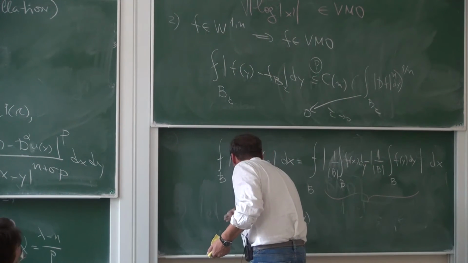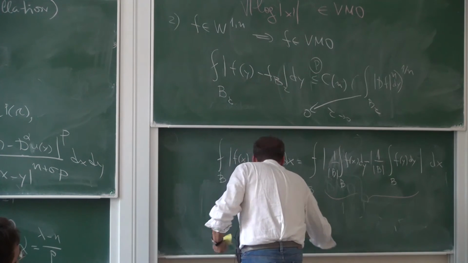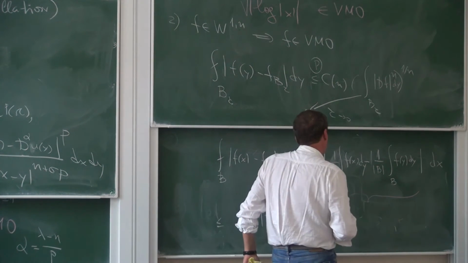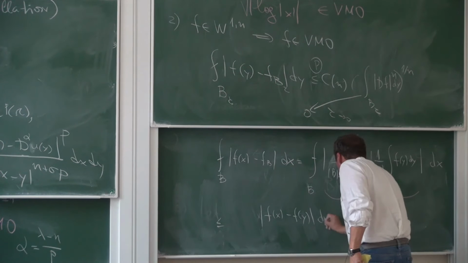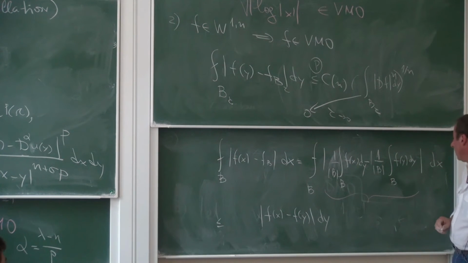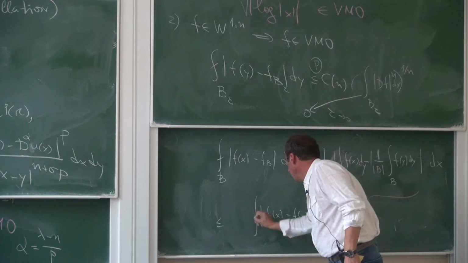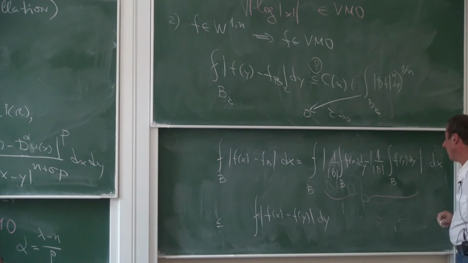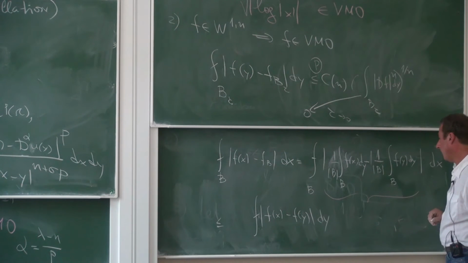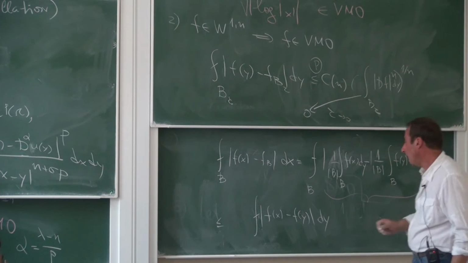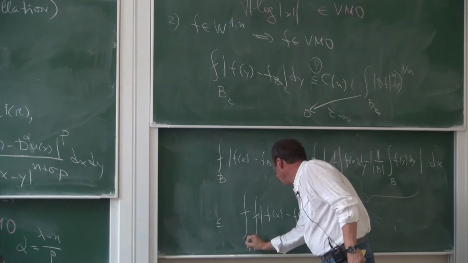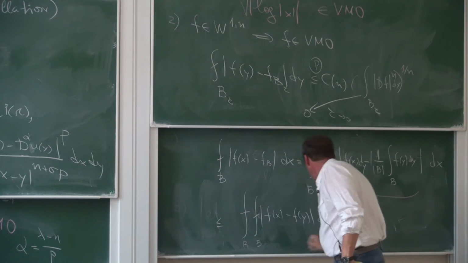So I will put inside the modulus, so less than. This is integrated with respect to y. Okay, and then I have the mean integral, and dx. And then I have another mean integral with respect to x.